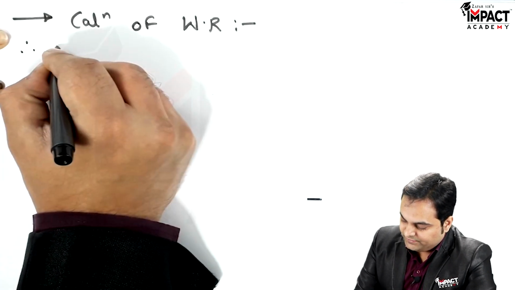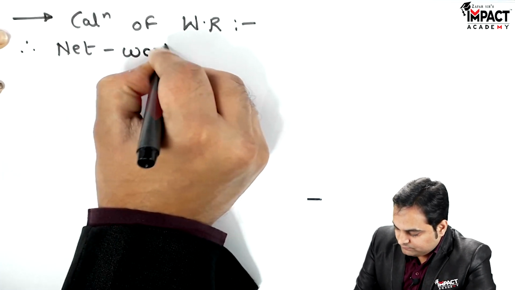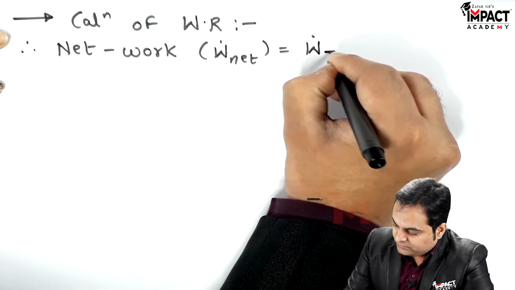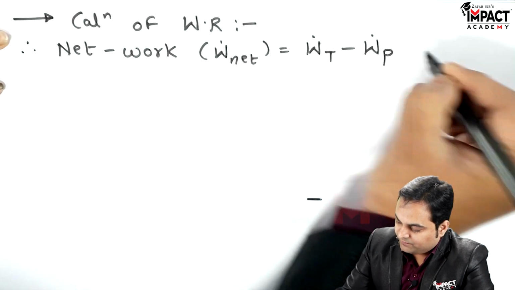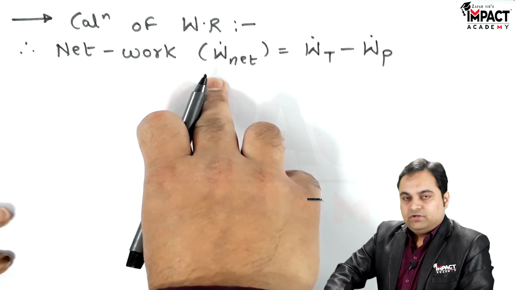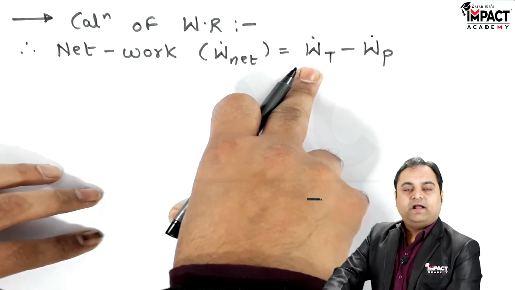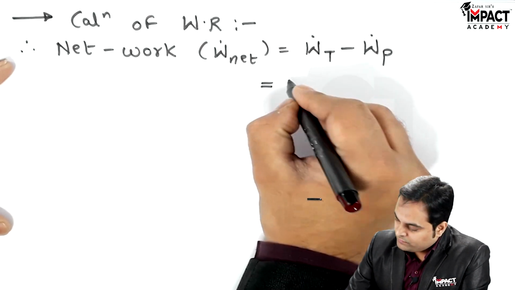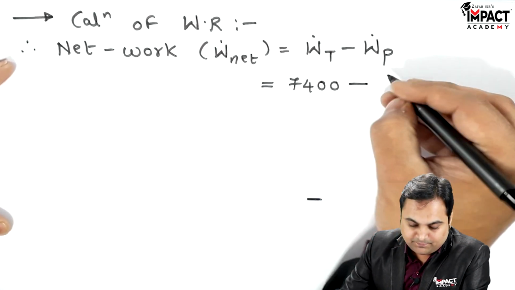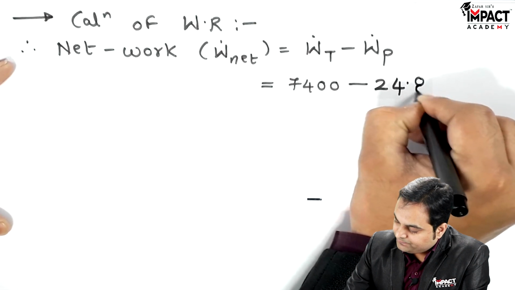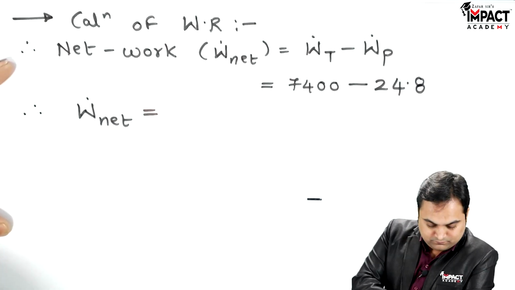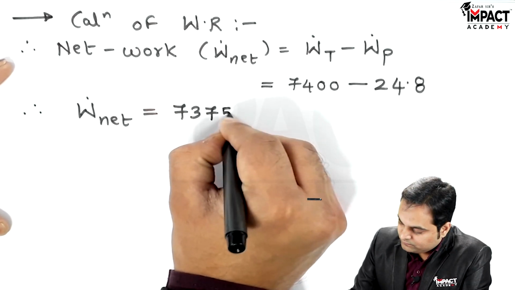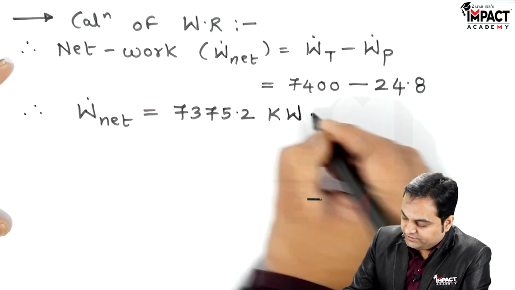Now therefore the net work W dot net will be equal to the turbine work minus the pump work, because net work is from the turbine shaft work, we have to subtract how much is the work which is consumed by the feed pump, and therefore turbine work 7400, pump work 24.8. So that's the net work.